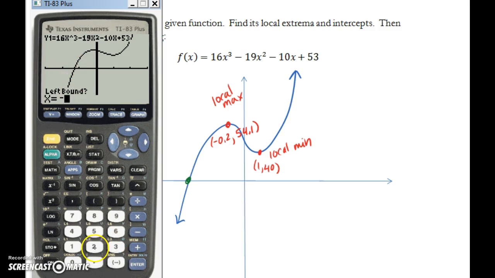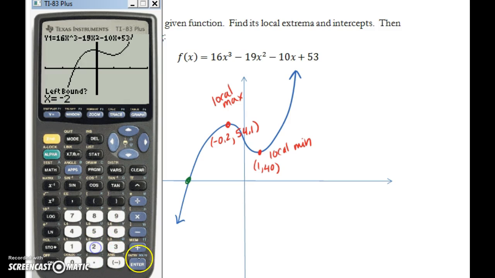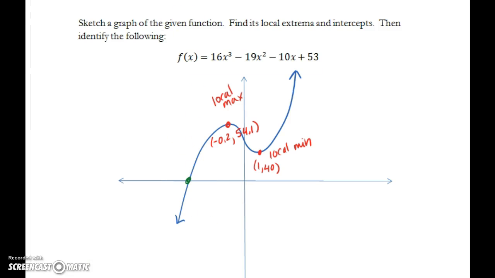So when it says left bound, I'm going to type in -2 and when it says right bound, -1. All right, so our x-intercept is between those, you can see on the x-axis. When it says guess, hit enter, at about -1.3, 0. So -1.3, 0.